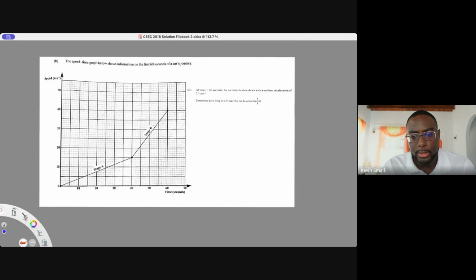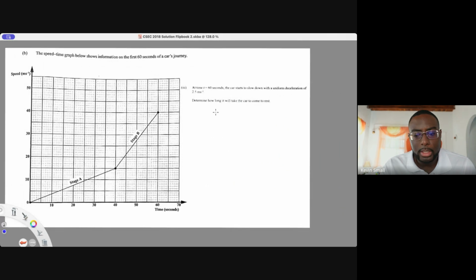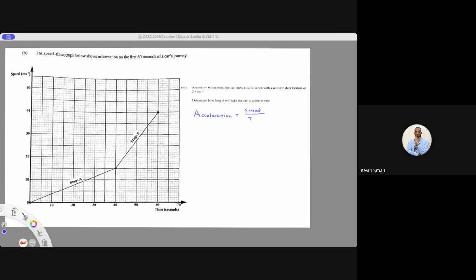All right, so let's see. If acceleration is equal to speed divided by time, then if I want to find time, all I have to do is rearrange this equation.